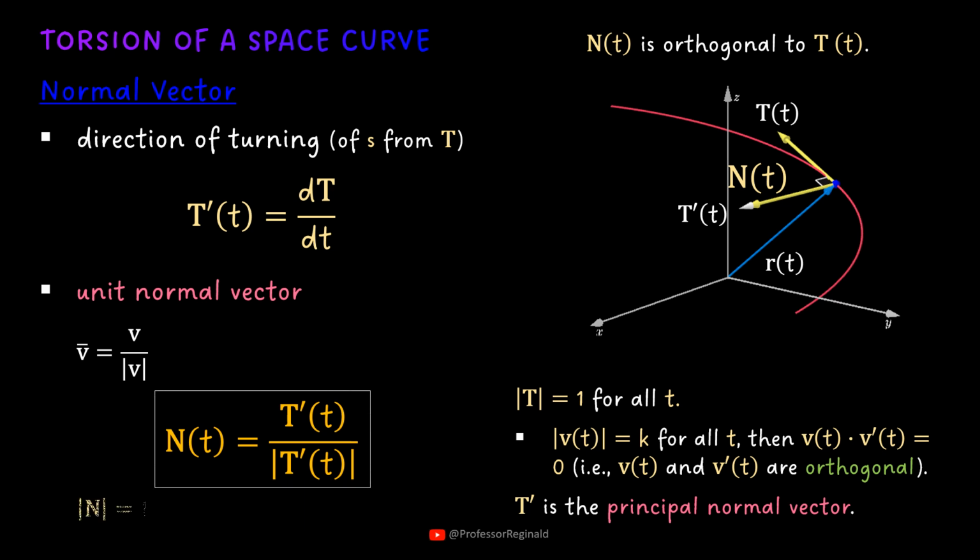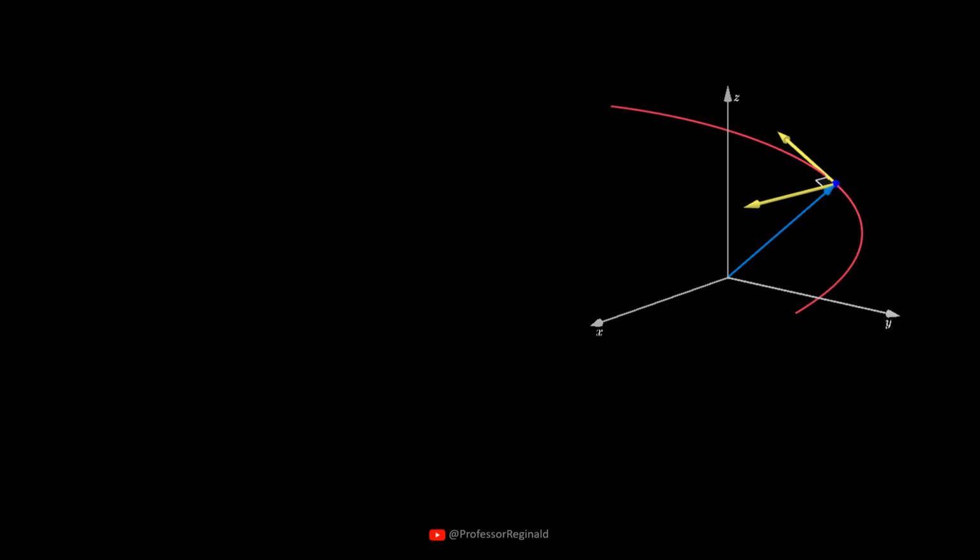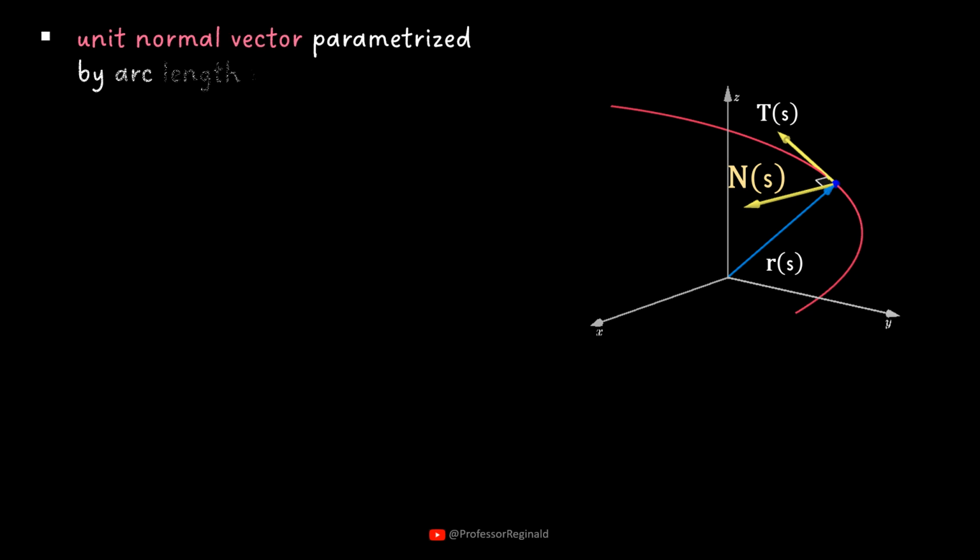Its magnitude is equal to 1, and it points to the same direction as the principal normal vector. Suppose the vector-valued function is parametrized by arc length. Then the unit normal vector is given by the following formula.